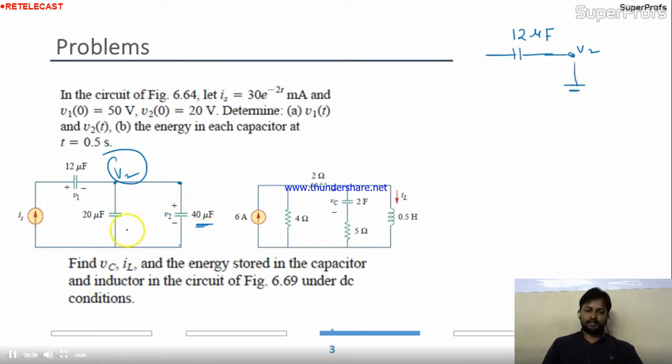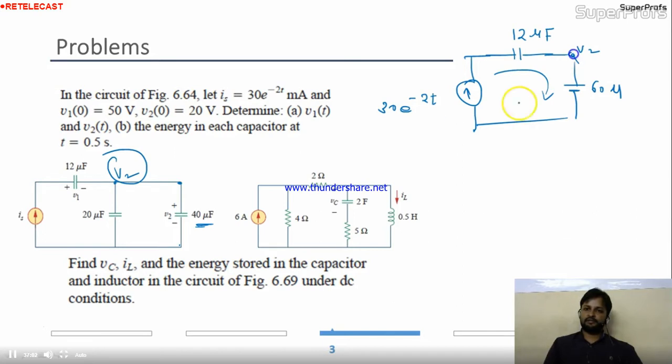These two capacitors are connected in parallel combination, so I can resolve them. 20 and 40 are connected in parallel, which means simply you can add them. This is the 60 micro, and here the current is as given, 30 e to the power minus 2t. Now the current in this is also the same, 30 e to the power minus 2t.